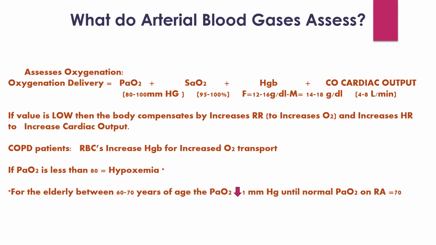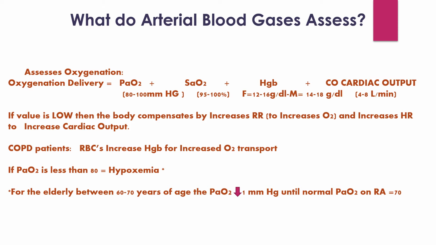Your SaO2, which is your oxygen sat that we do during vital signs, the normal is 95 to 100. Your hemoglobin for females is 12 to 16 grams per deciliter, and for males it's 14 to 18 grams per deciliter. And then we have cardiac output, which should always be between 4 and 8 liters per minute.